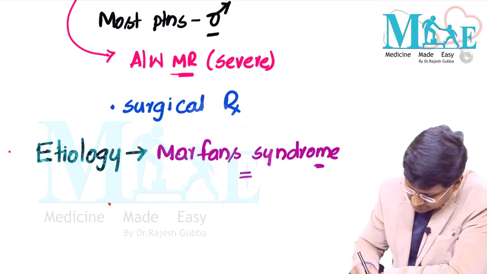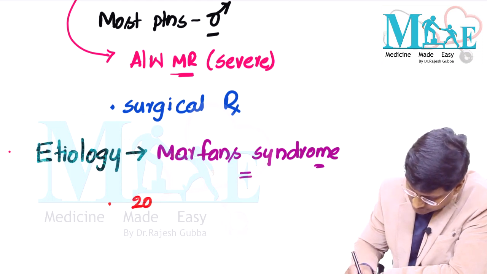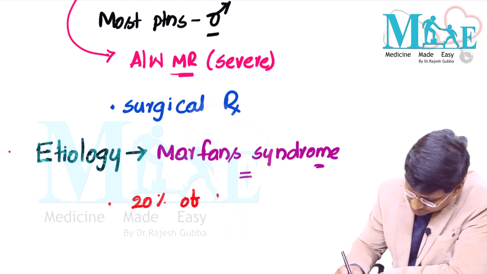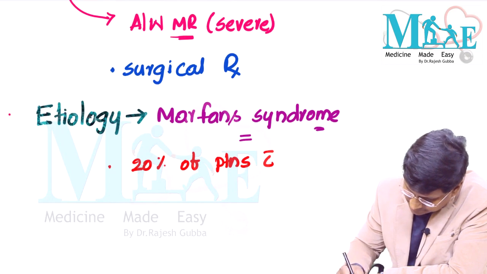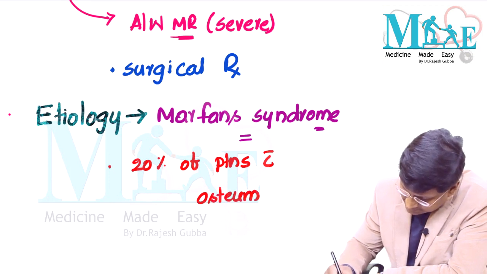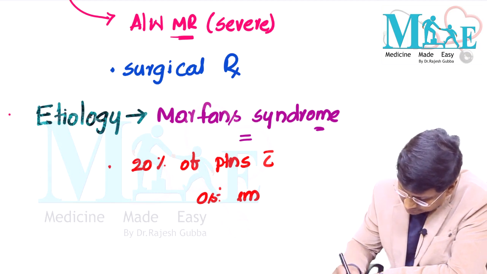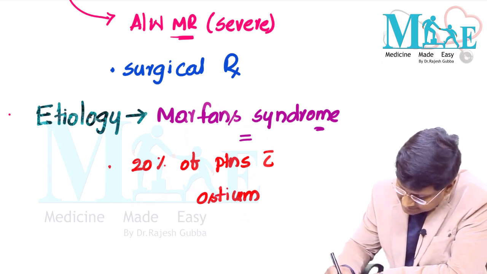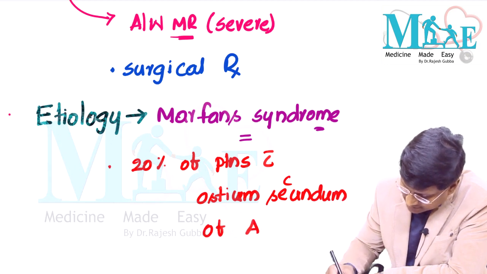Next, the other point is, mitral valve prolapse is seen in almost 20% of patients with ostium secundum type of atrial septal defect.